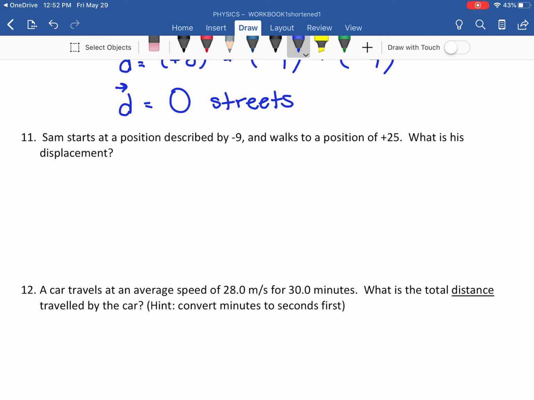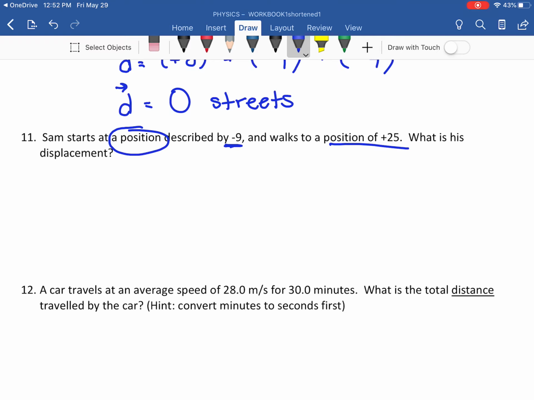It's slightly different here. Sam starts at a position described by -9. So here's the difference. I have a position, which is an actual place in regards to a reference. Sam walks to a position of positive 25. So this is not saying walking 25 meters north.